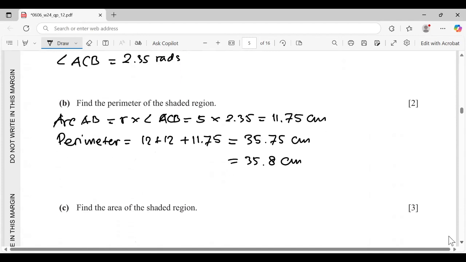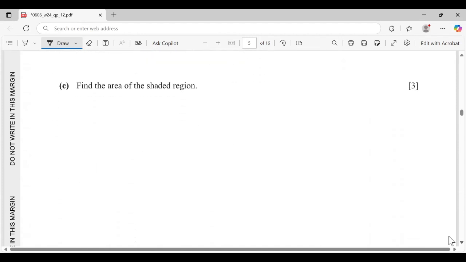Next, find the area of the shaded region. We need to find the sector area first. The sector area equals 1/2 times r squared times theta, where theta is the angle.